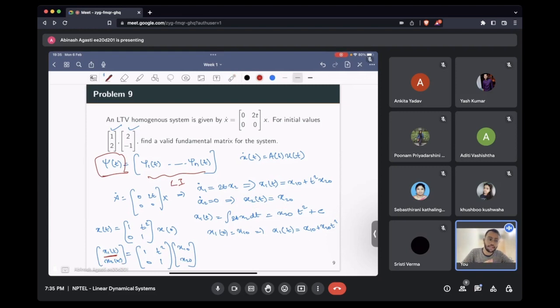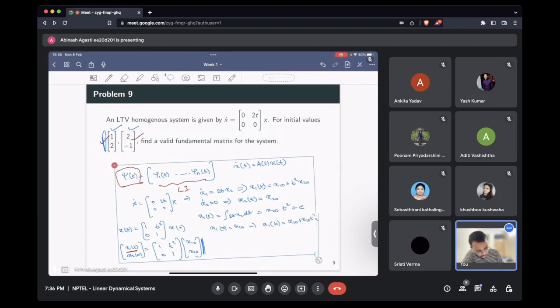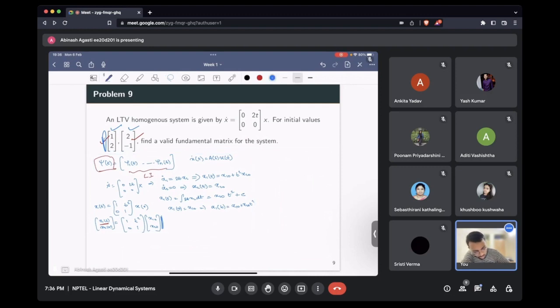Now to find the fundamental matrix, we need to find the solutions for two initial conditions. For initial condition 1, 2, I multiply it with this matrix. That gives the solution 1 plus 2 t square and 2.